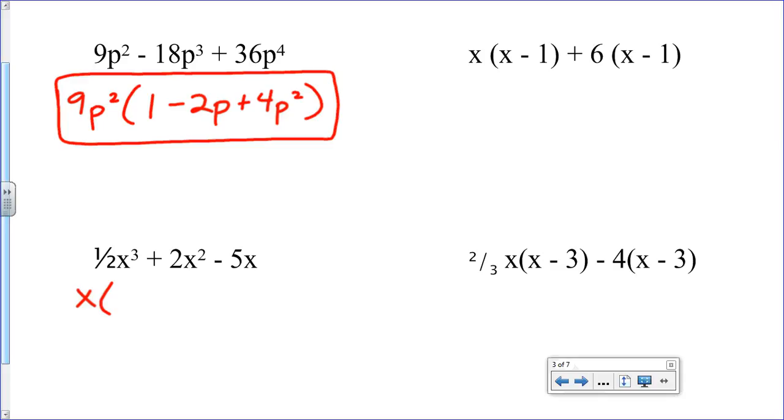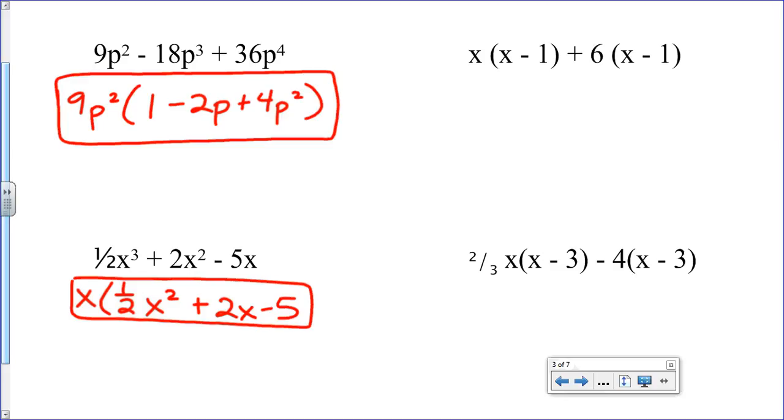So what do I get? If I factor out an x from 1/2 x cubed, I get 1/2 x squared, and then I get plus 2x, and then minus 5. Good.